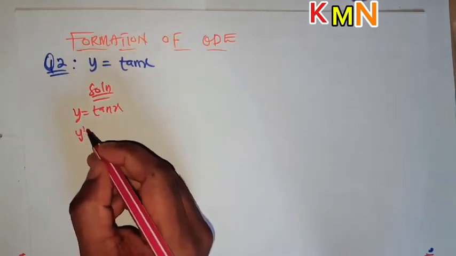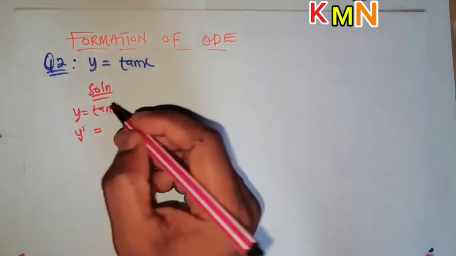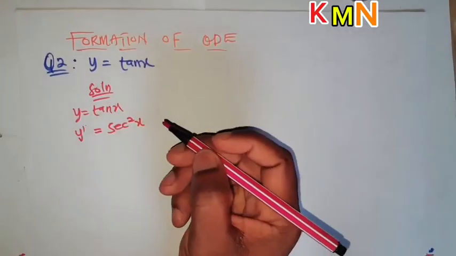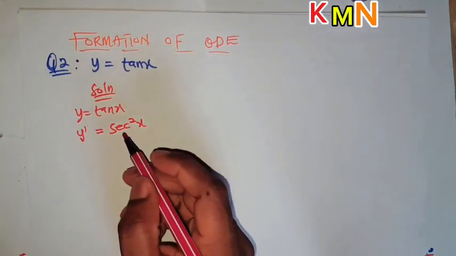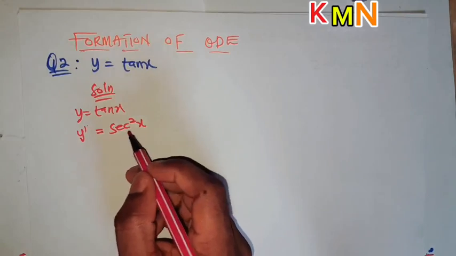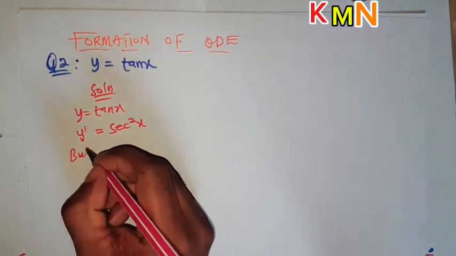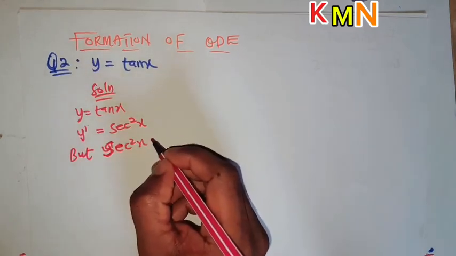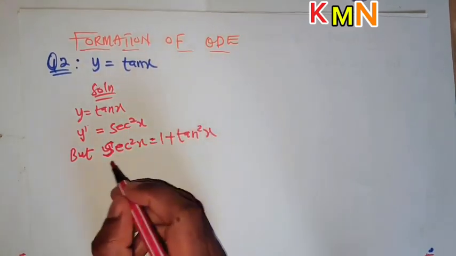Our first derivative, whenever we differentiate tan of a function, it gives us sec square of that particular function. To form the first order, we can choose to bring in the Pythagorean identity, because this one represents one of the Pythagorean identities. So we know that sec square x equals 1 plus tan squared x.